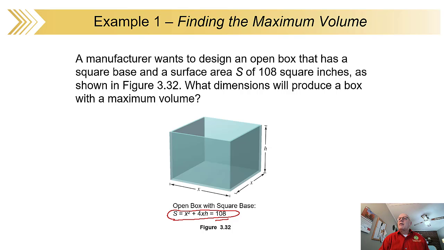So the area of the bottom is x squared. And we've got four sides. One side would be area, is length times width, would be xh. But there are four of those sides, so I have 4xh. And since we only want to use 108 square inches, there's our formula.